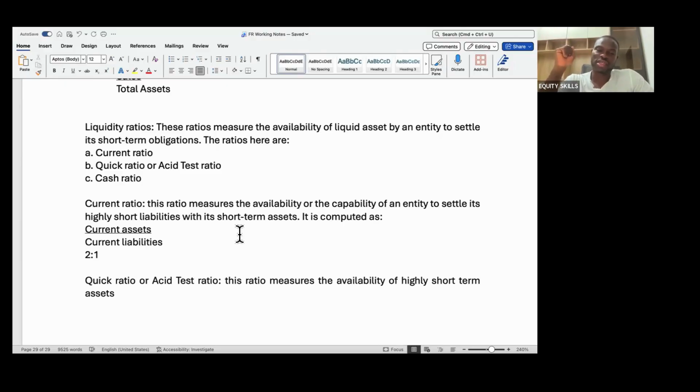More like assets that can easily be converted to cash, right?